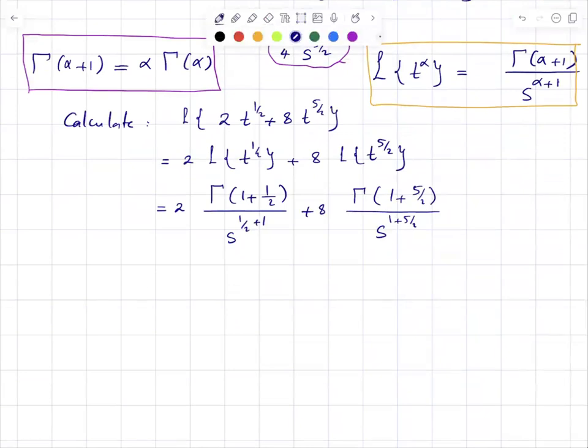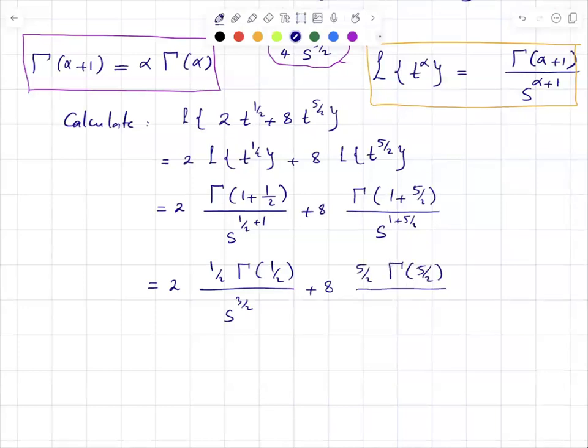So here you have 2 times gamma of 1 plus a half, which is a half times gamma of a half divided by s to power 3 halves plus 8 times. Now here you have 5 over 2 times gamma of 5 over 2 divided by s to power 7 over 2. And you're going to continue this process.